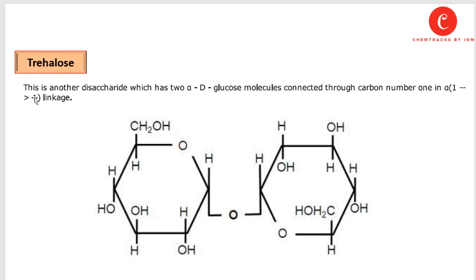So this is another combination of glucose and glucose, but this combination is an alpha 1,1 glycosidic bond, because this is the carbonyl end of one glucose and this is the other. This is carbon number 1 of this glucose molecule, and this is carbon number 1 of this glucose molecule. So it is formed by the glycosidic bond between two glucose molecules via an alpha 1,1 linkage. These are the differences between trehalose, maltose, and cellobiose.